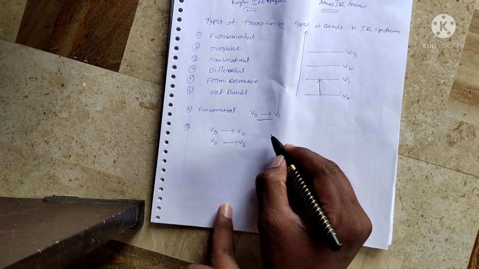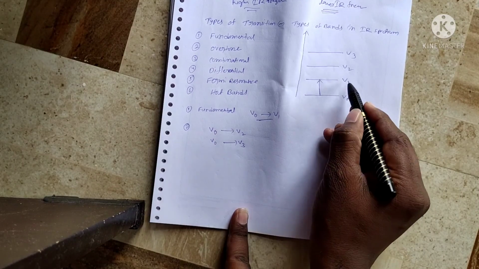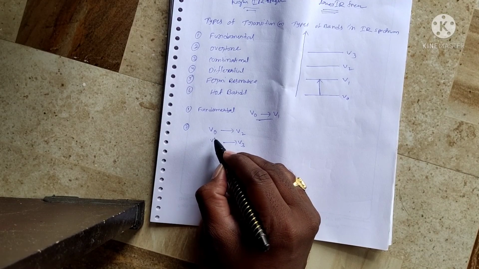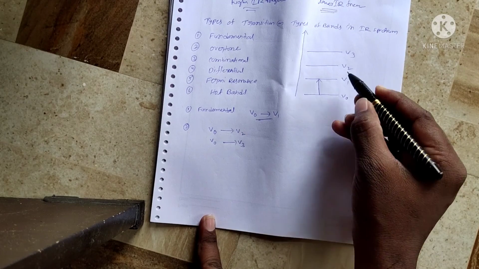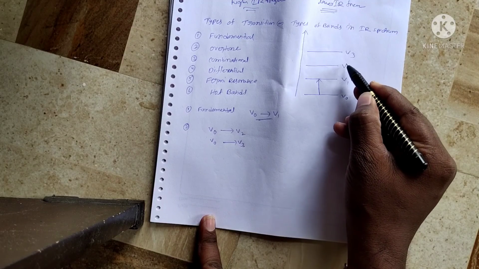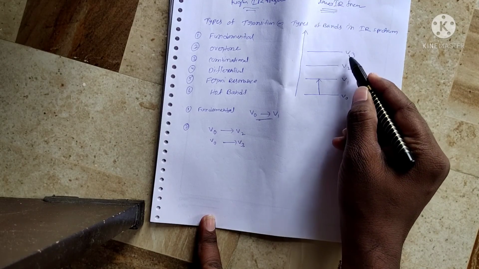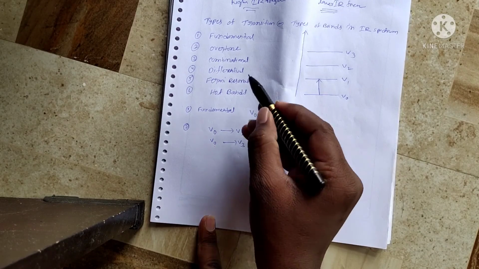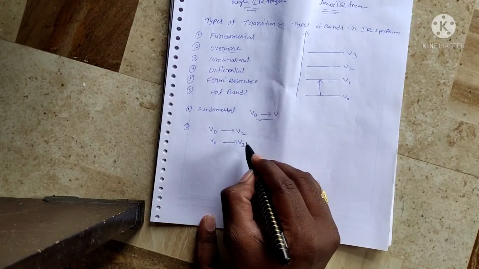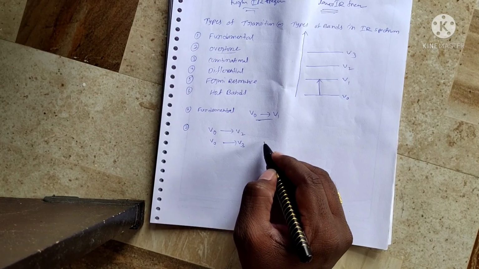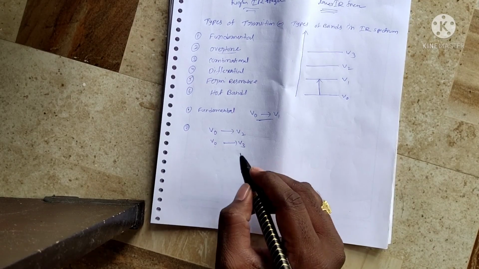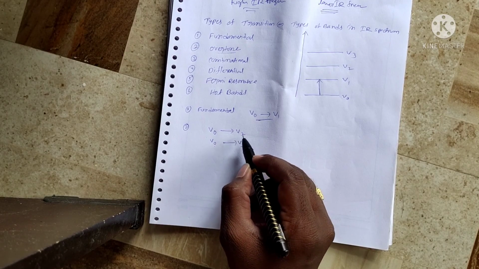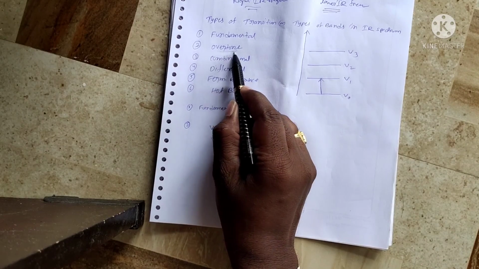Excluding the first one, the transitions from the ground state to the second excited state or third excited state, V0 to V2 and V0 to V3, are overtone bands. Due to this type of transition, bands are formed in the IR spectrum, and those are called overtone bands.